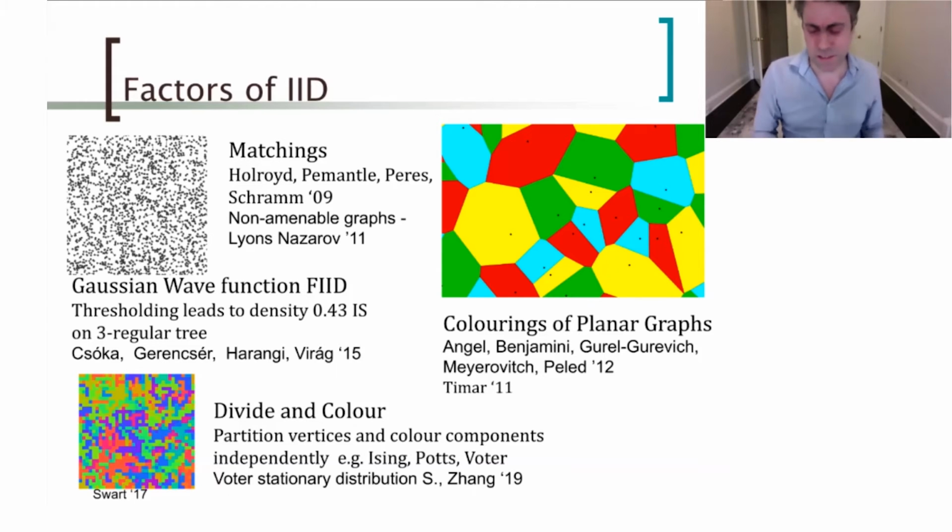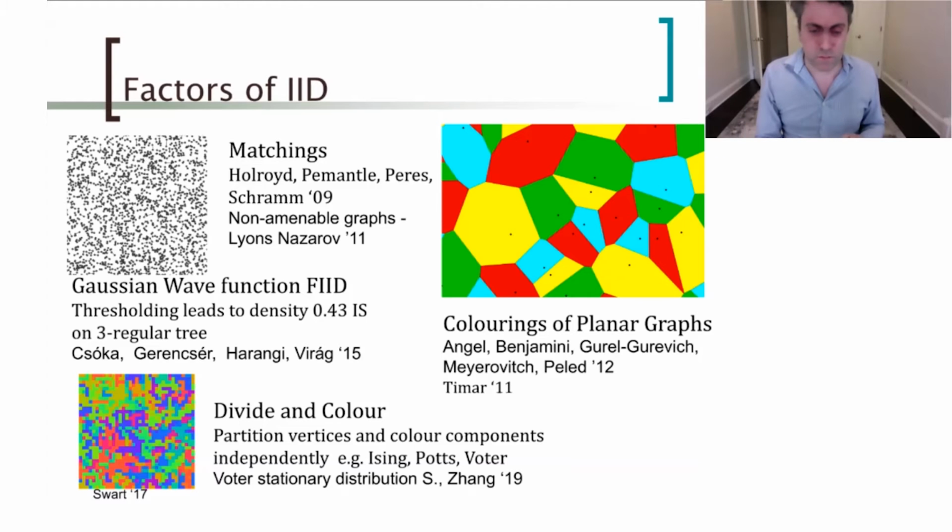And the Ising model, as well as the Potts model and the Voter model and other ones, can be described as what Jeff Steif called a divide and color model. This is one where you have your graph, you partition the vertices into some number of sets, and then for each set you pick a random color independently, and every vertex in the set gets that color.